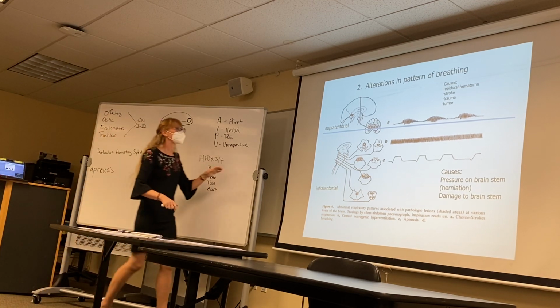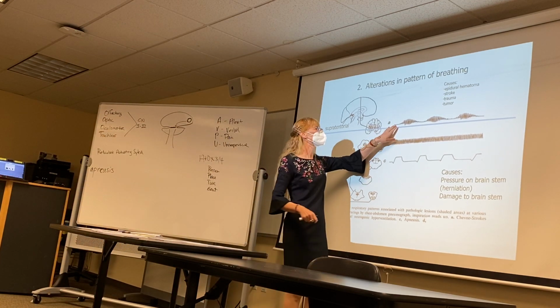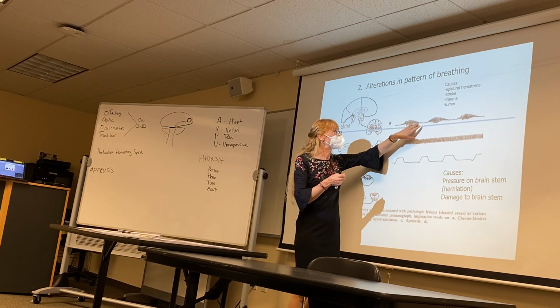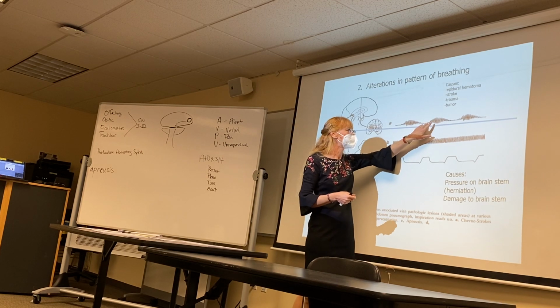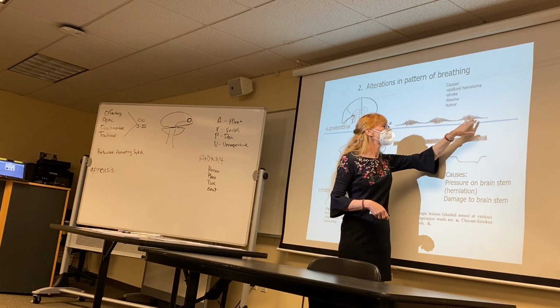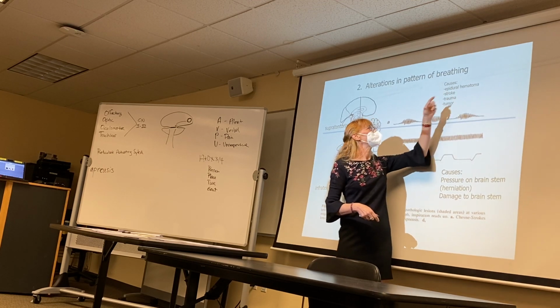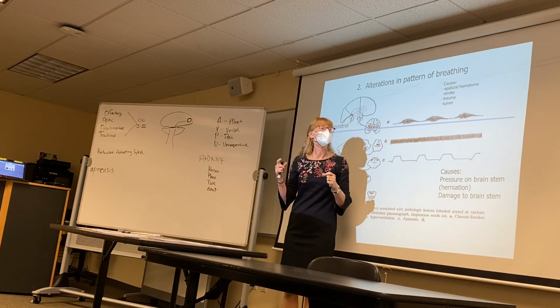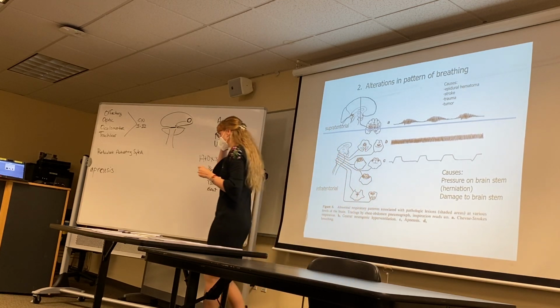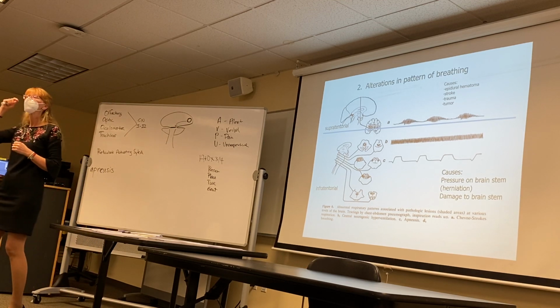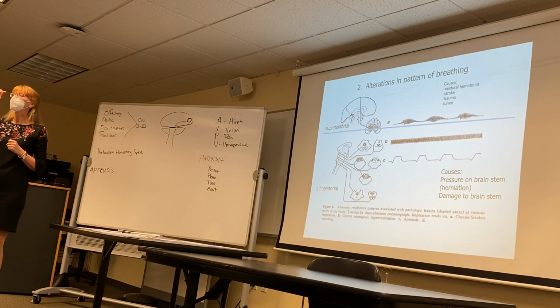So we have a pattern of apnea, and then rapid breathing, and then apnea, and rapid breathing. These can be caused by hematoma, stroke, trauma, or tumor. For some reason, there may be increasing intracranial pressure supratentorially in the cerebrum.